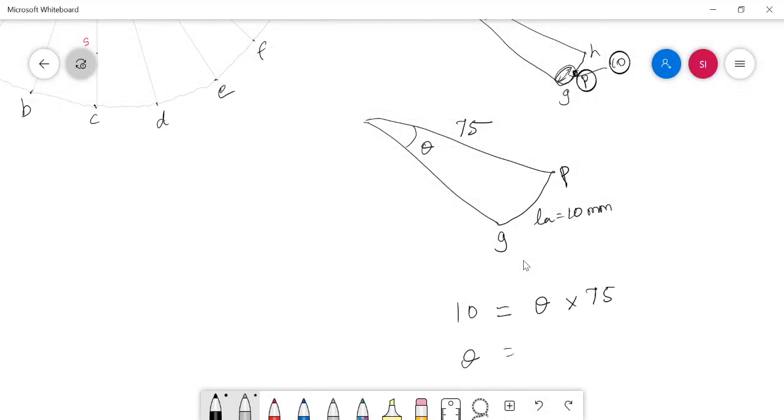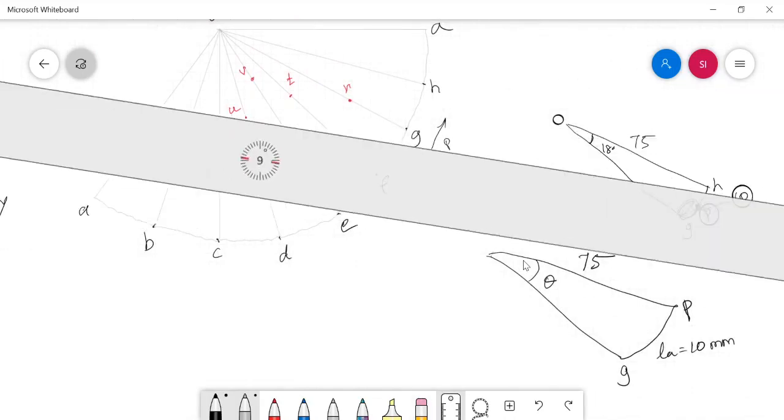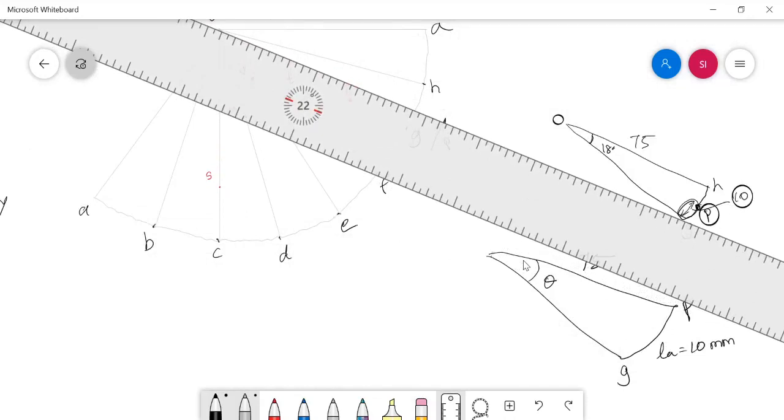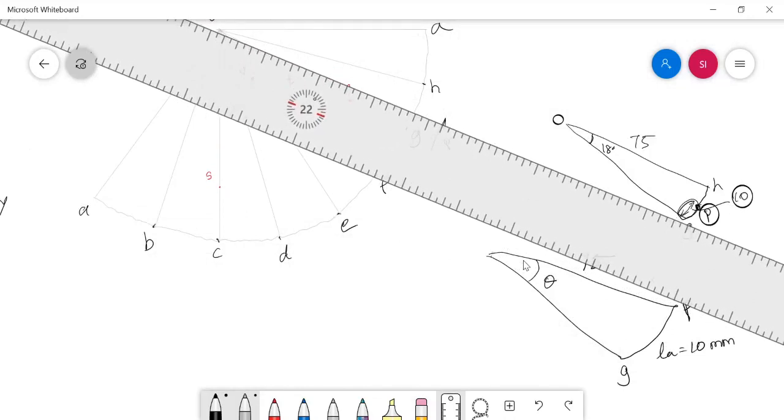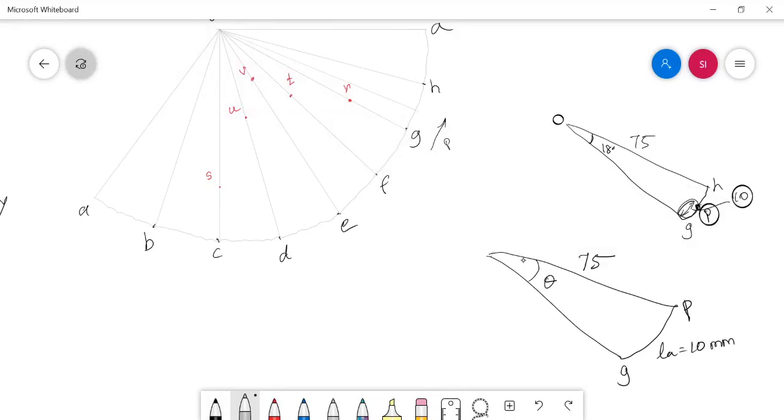So here the theta value is found as 7.6 degrees. So first I need to draw a line from G with a 7.6 degree inclination. Here the values will be changed. So this inclination is nothing but 7.6 degrees. And here we can mark the cut point P. So in this way we can mark the cut point Q also.